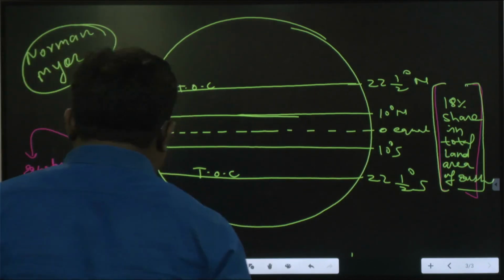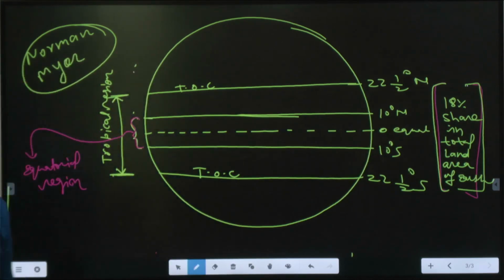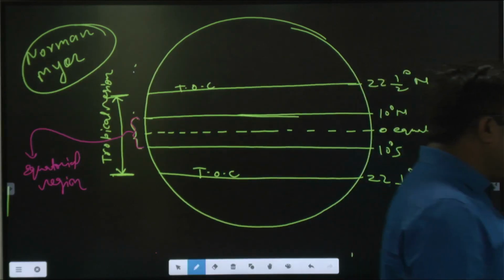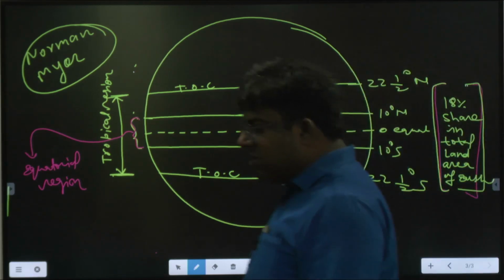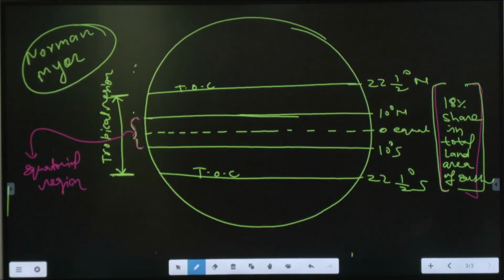First point: we can easily notice diversity in the condition of abiotic factors within mega diverse countries. For example, India.